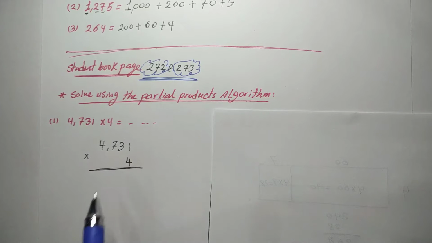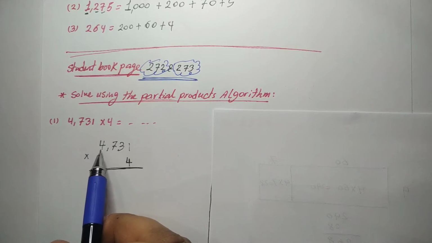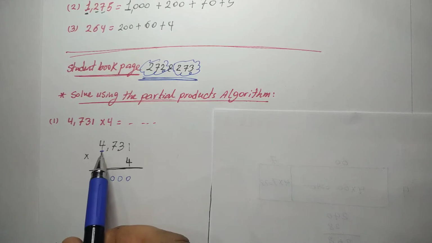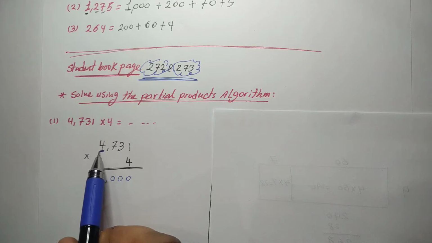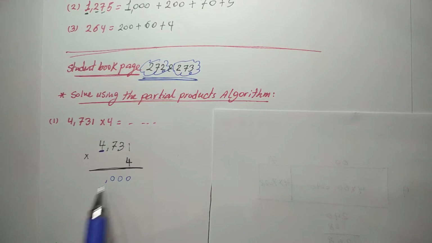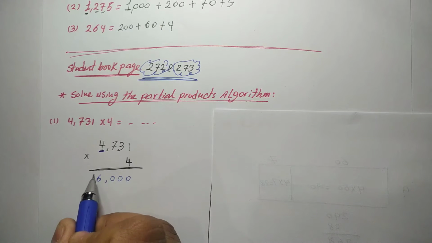Before we write the multiplication result, I will write 1, 2, 3 zeros. Why? Because I have this 4 in the thousands place. And start. 4 times 4, it will be 16.